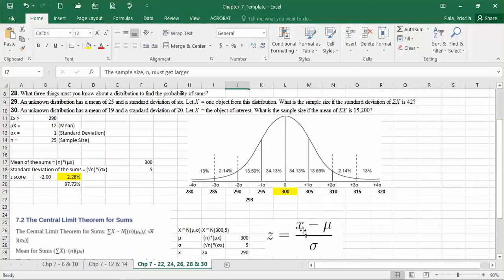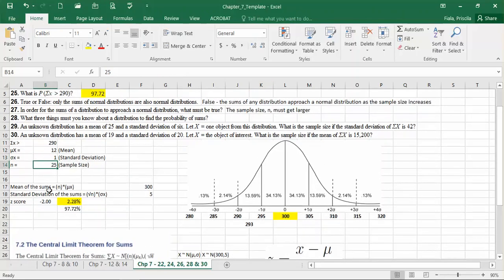Well, we need to know the mean of the distribution, we need to know the standard deviation, and we need to know the sample size, correct? Because in order to calculate the mean of the sums and the standard deviation of the sums to achieve the probability, I would have to know all these three.